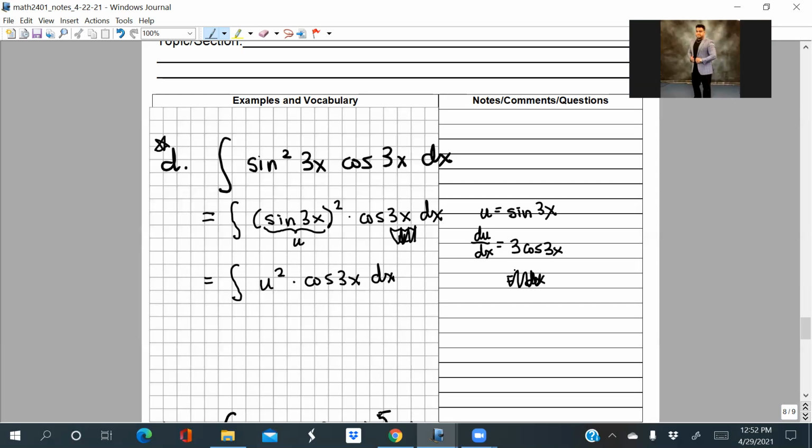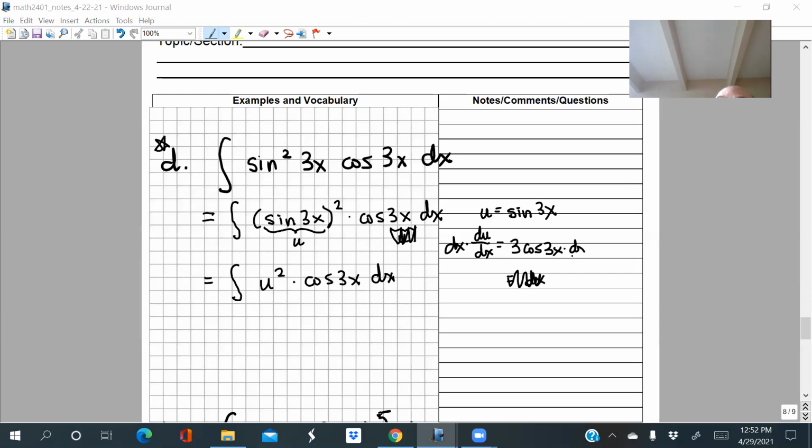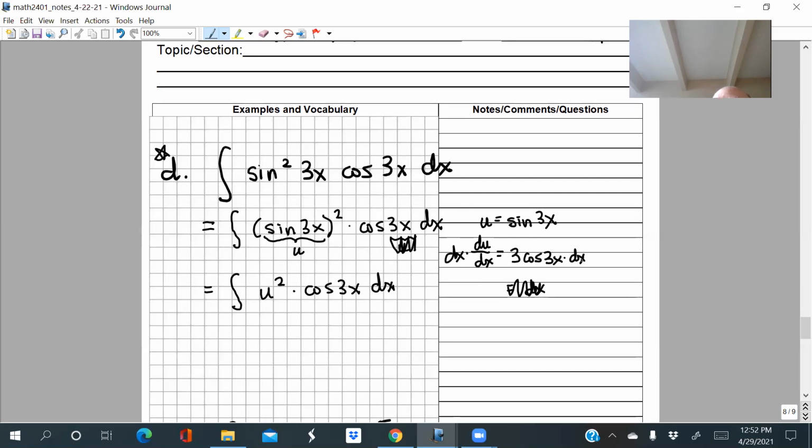To take out dx, I think we've got to multiply by dx. Yes, multiply both sides by dx. And then here the dx's cancel. So you get du is equal to 3 cosine 3x times dx. The right-hand side gets a little bit messy temporarily.